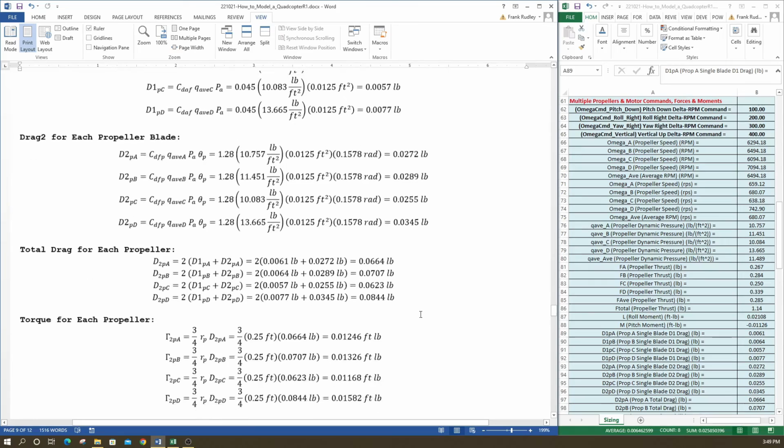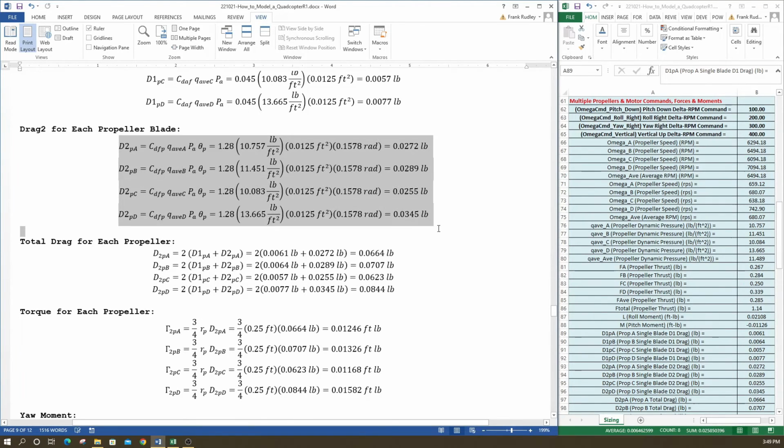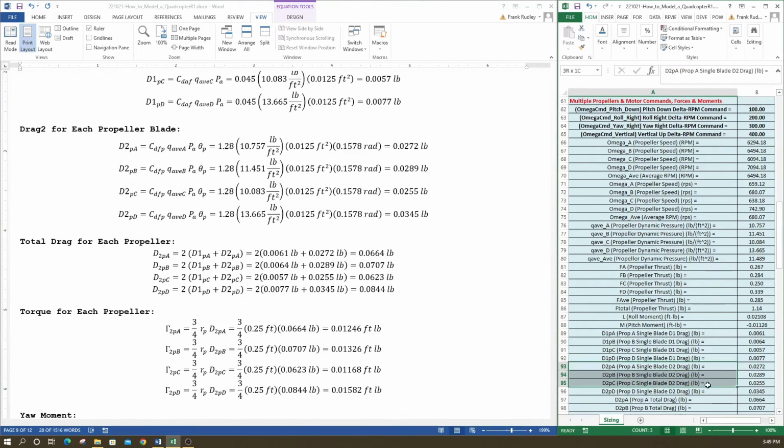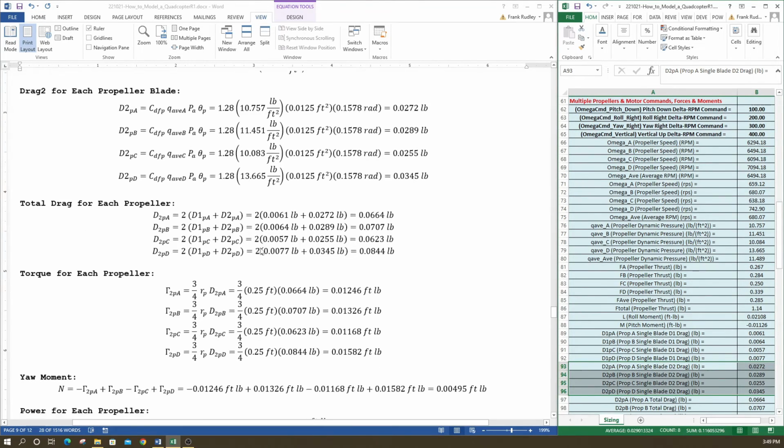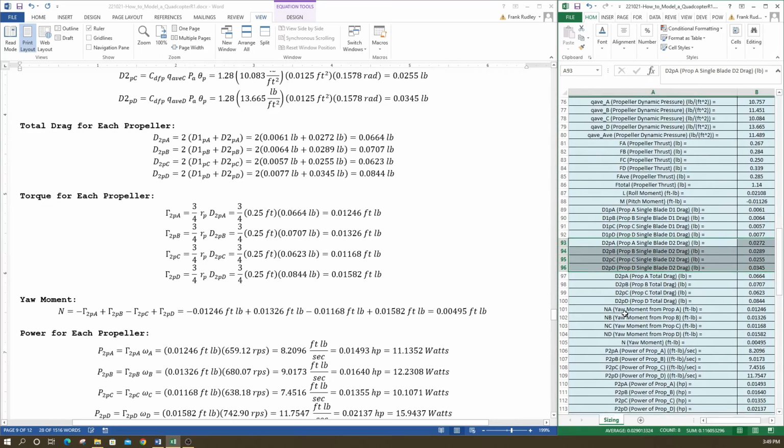Then we compute our D2 drag over here in the spreadsheet. So we get 0.0272, 0.0289, 0.0255, 0.0345.